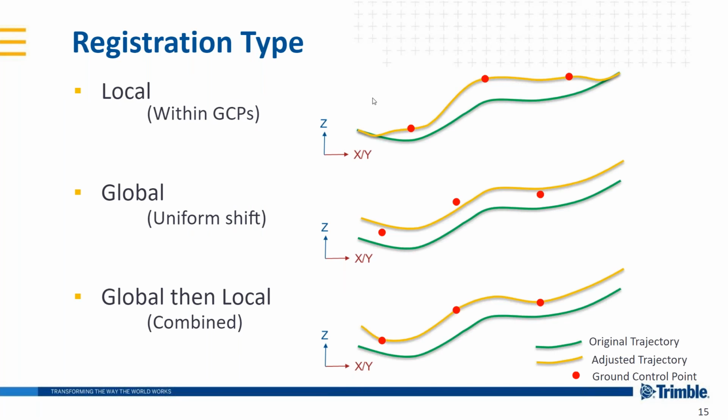By having a local registration, we will compute these transformation parameters that we mentioned at the beginning only based on the control points, meaning that between the control points, the adjustment will be calculated by interpolation between the first control point until the last control point, meaning a maximum adjustment is applied in each point, but with a behavior that the adjustment goes to 0 after and before the last and first control point respectively.